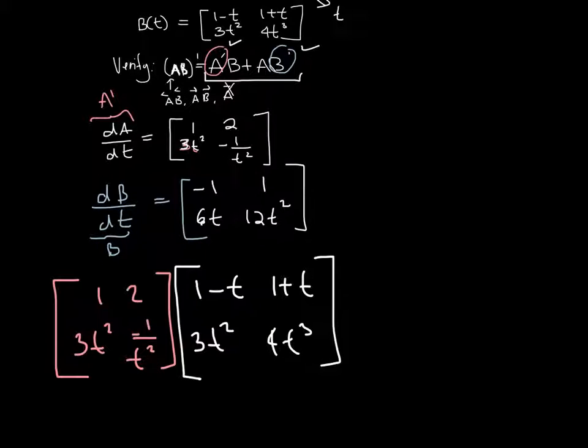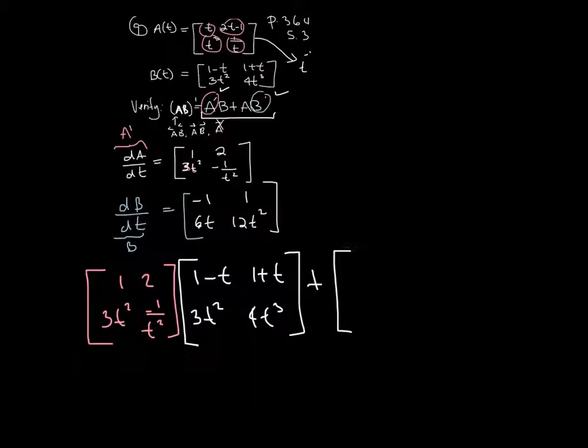And plus our A, and our original A is t, 2t minus 1, t cubed and 1 over t.